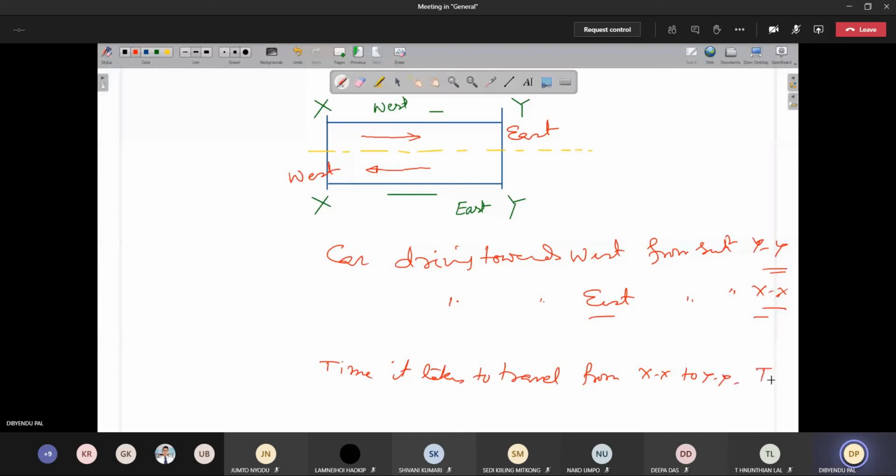Say it is TE, because it is in the east direction, I am giving the suffix E. Similarly, the time it takes to travel from YY to XX, this is the western direction, so let us say this is TW. Both are in terms of minutes.